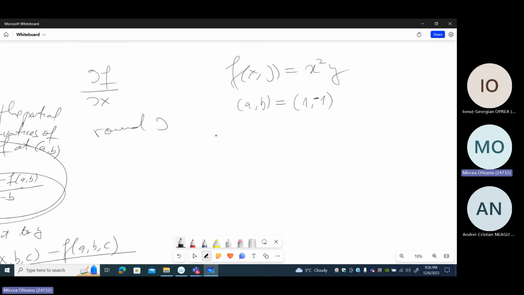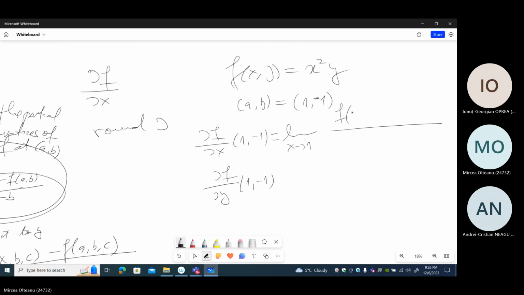And we want to see the partial derivative of f with respect to x at the point (1, minus 1), and with respect to y at the point (1, minus 1). According to the definition, that is the limit when x tends to 1 of f(x, minus 1) minus f(1, minus 1) over x minus 1.